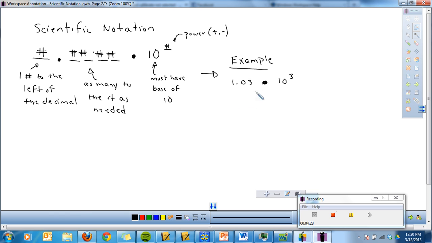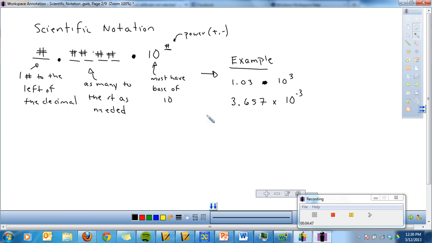Some numbers to the right? Yes. A multiplication sign, a base of 10, and a power. You might have 3.657 times 10 to the negative third. One number to the left, some numbers to the right, a multiplication sign, a base of 10, and an exponent. Okay, these are both examples.